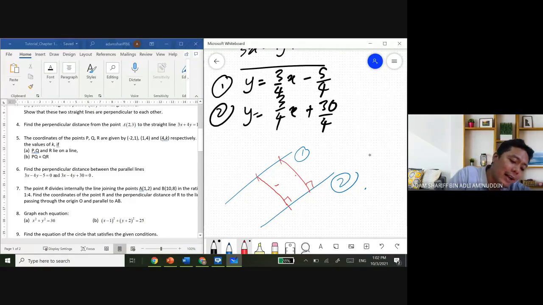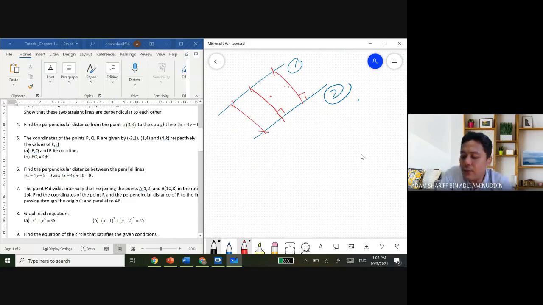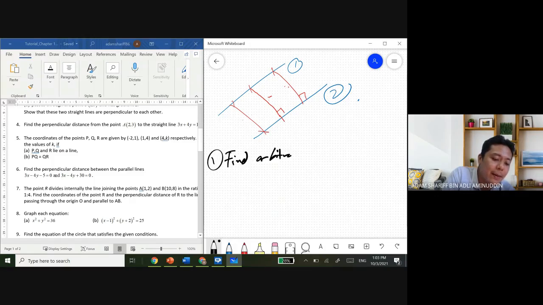So, regardless of the point that you take from any of the equations, every distance of them will be always similar. So the strategy to do this, we find an arbitrary point, mana-mana point from equation number 1.